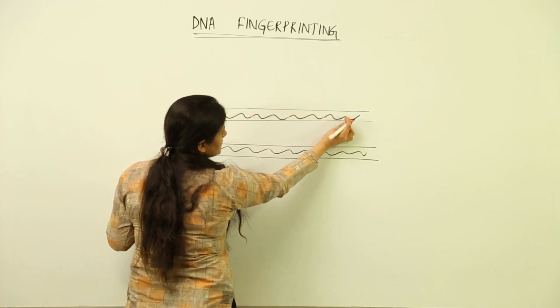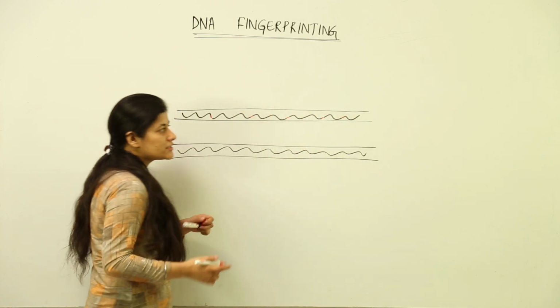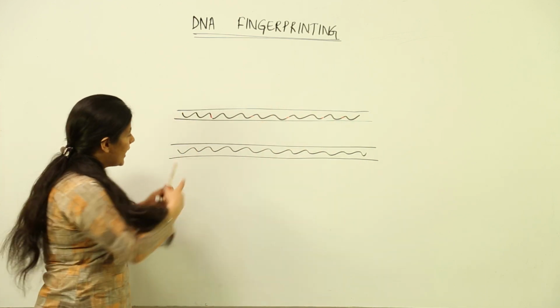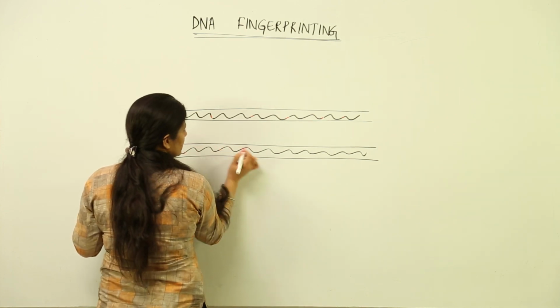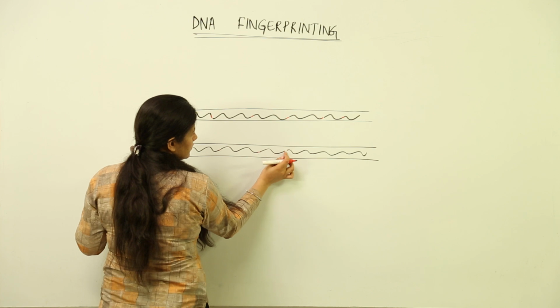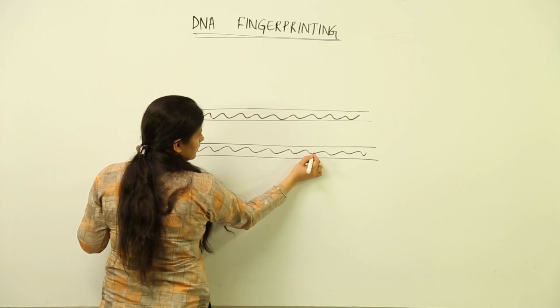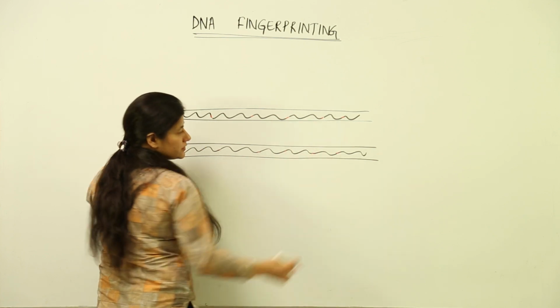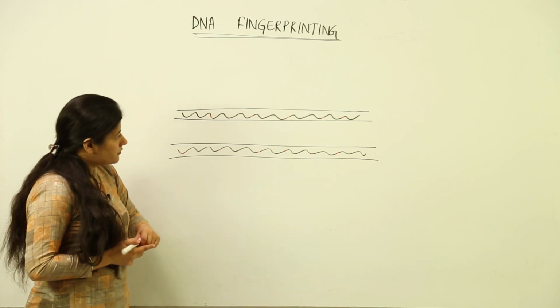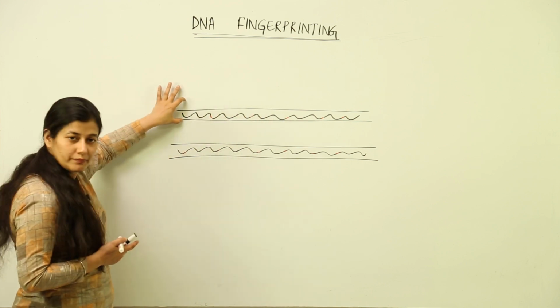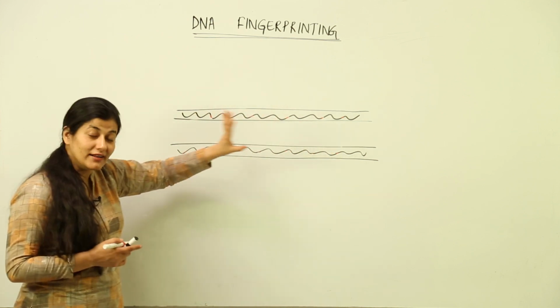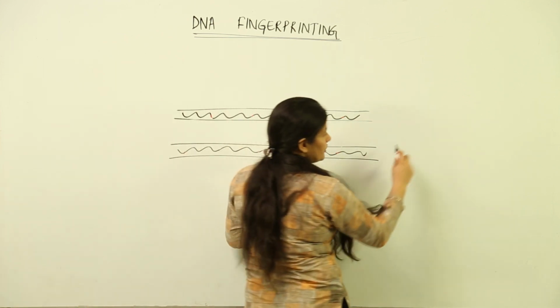Rest all is similar. This is the point of difference, the 0.1% difference. And in the other individual, it would lie over here. Like this, right? Now, for finding out where the difference lies, you have to encode this entire one and this entire one as well. And this in entirety is 3.3 billion base pairs.